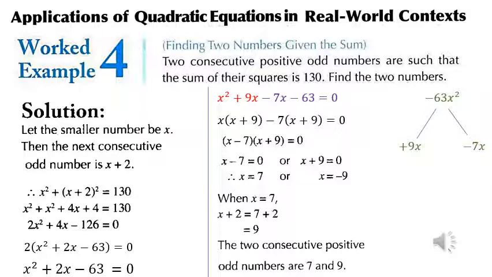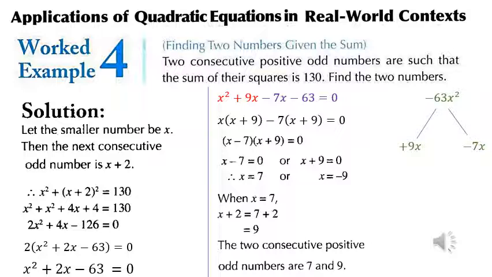Then we have 2 in bracket x square plus 2x minus 63 is equal to 0. On the other side, 0 divided by 2 will be 0. Then we have x square plus 2x minus 63 is equal to 0.